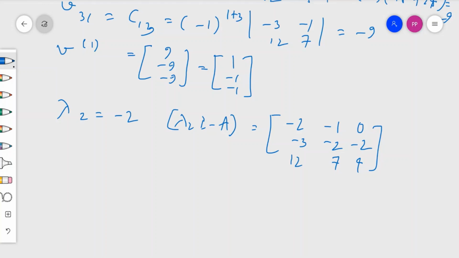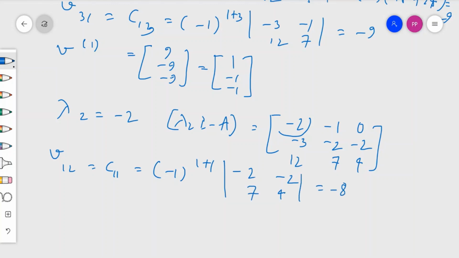So therefore you have V12 equals C11 equals minus 1 power 1 plus 1. Then again, the first element I am looking here, so I should be left with minus 2 and 7 4. So this is equal to minus 8 plus 14 equals 6.